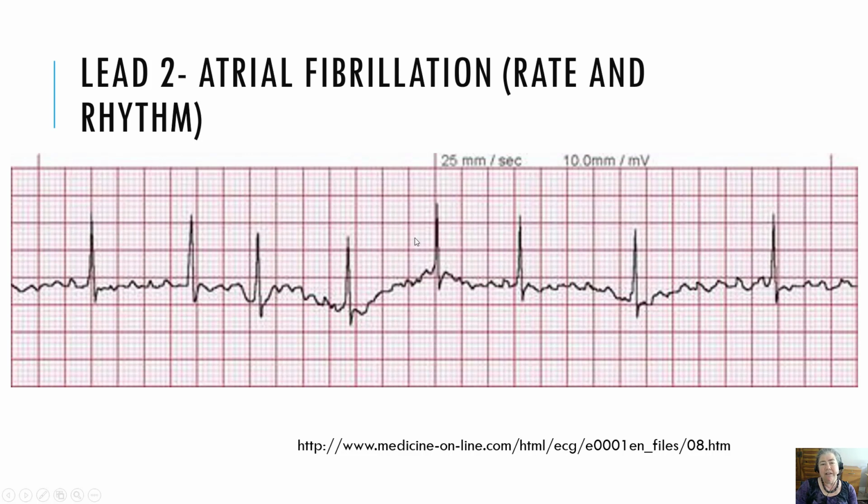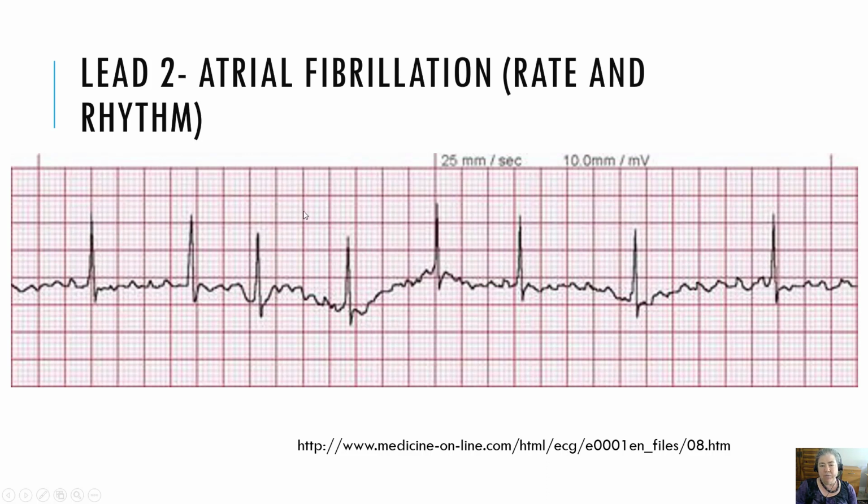Here we have a whole bunch, 1, 2, 3, 4, here we have more than 5. So this is irregular, and it's not just irregular, it's irregularly irregular. And with that fluctuating baseline and an irregularly irregular rhythm. This is characteristic of atrial fibrillation.